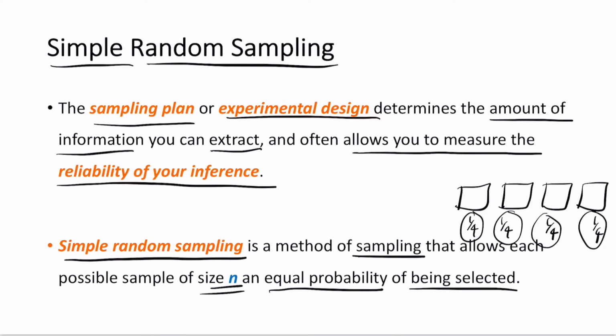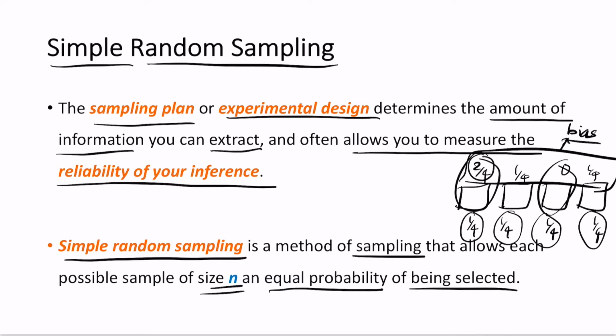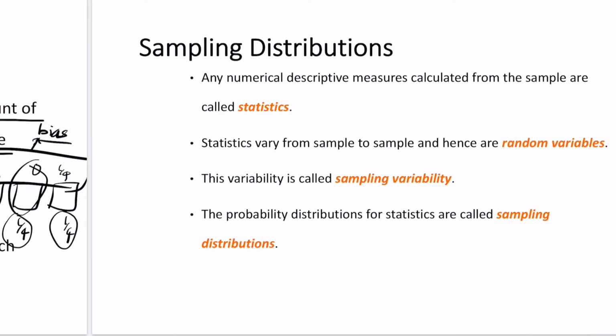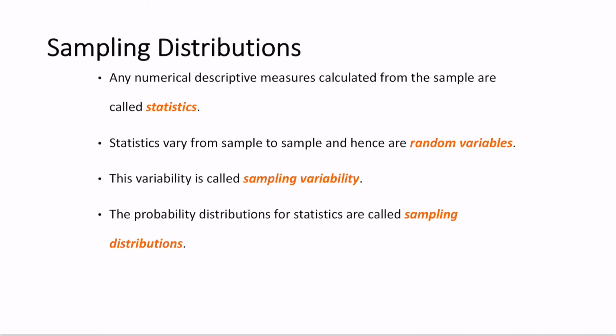This process is basically called random sampling. If you have bias, it means that one of the boxes might have 2 by 4 and another might have 0. This is an example of bias. Bias is where you favor one box over the other boxes. So this is the idea behind simple random sampling and how to make sure that the samples you take have the same probability throughout the entire sample size.